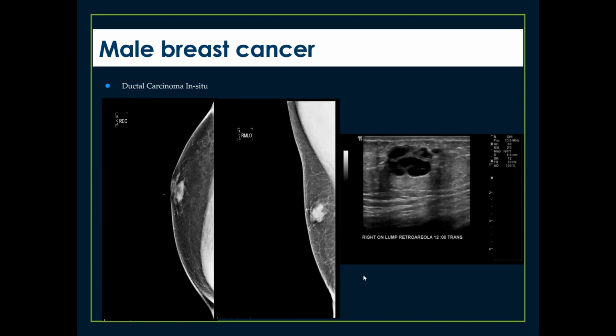Compared to some of the cases of gynecomastia that we looked at, this is higher density, more mass-like with lobulated borders. On ultrasound, we see some cystic or ectatic ducts with some thickened septations. So this went to ultrasound guided needle biopsy, and pathology demonstrated ductal carcinoma in situ.